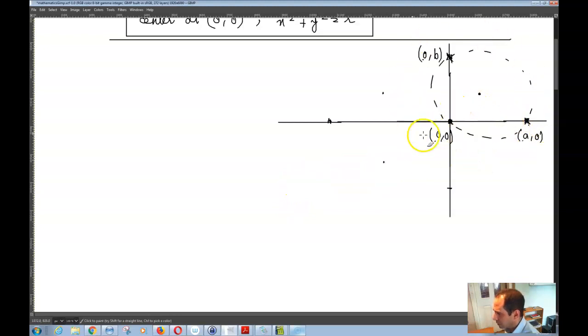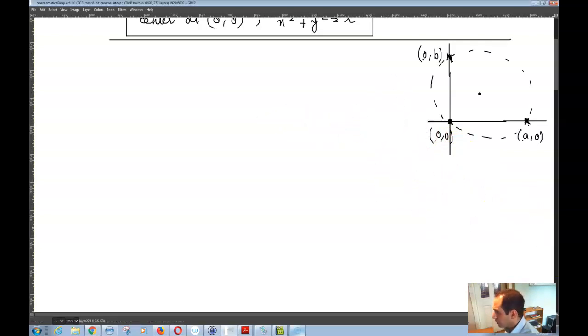In this situation, b can be a negative number, in which case you would get a circle down here. It could be a positive number, in which case you would get a circle up here. A could be positive or negative, and then your circle can be moved to all 4 quadrants over here.